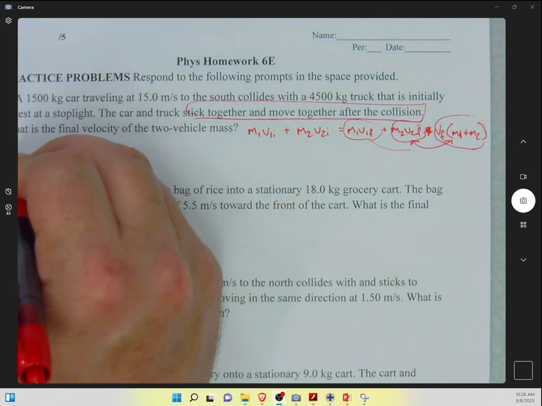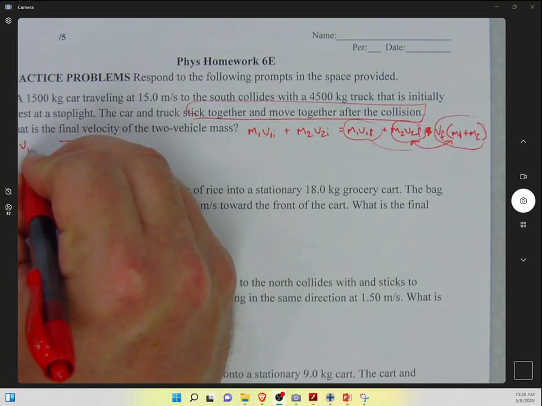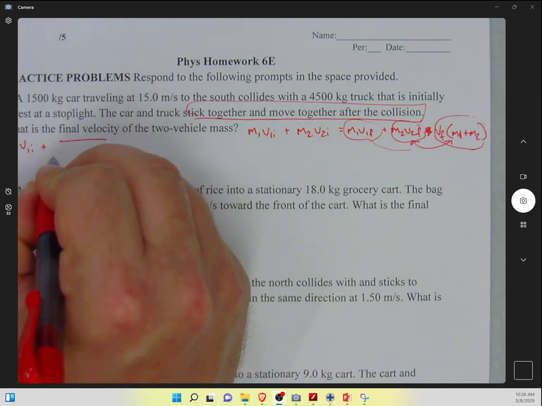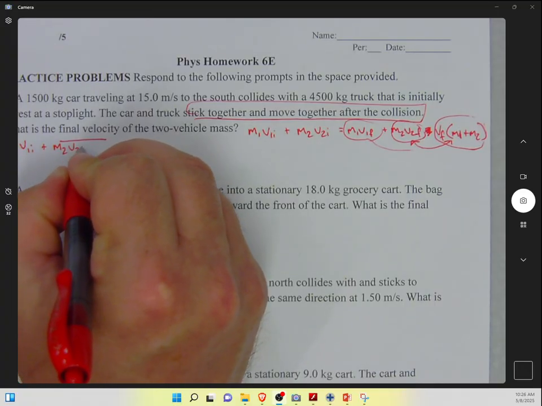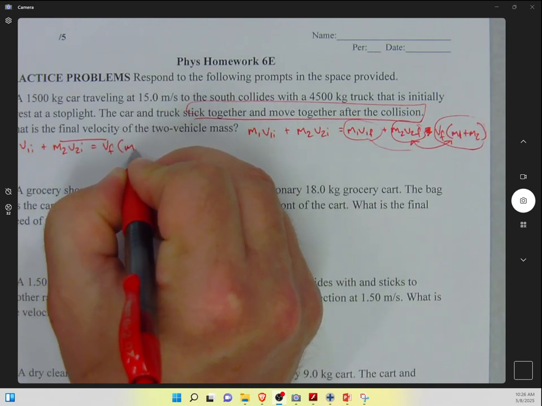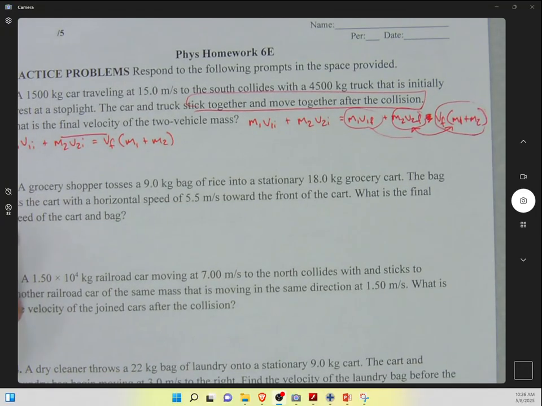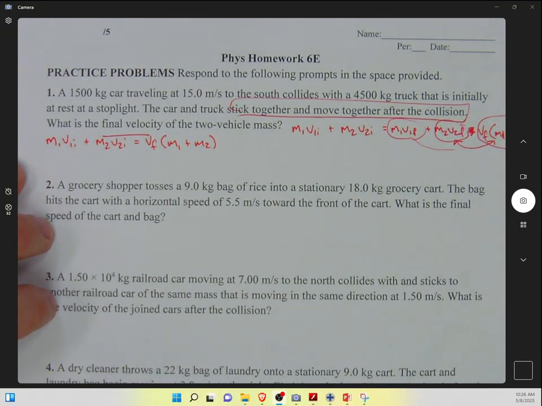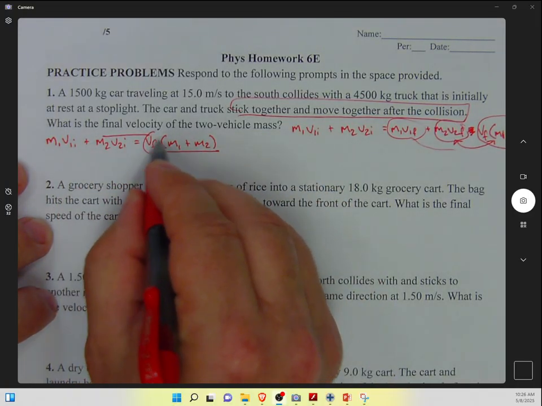So let's start working this. Equal to, okay, so that final velocity. Here, I'm going to solve for final velocity, right? This term right here.